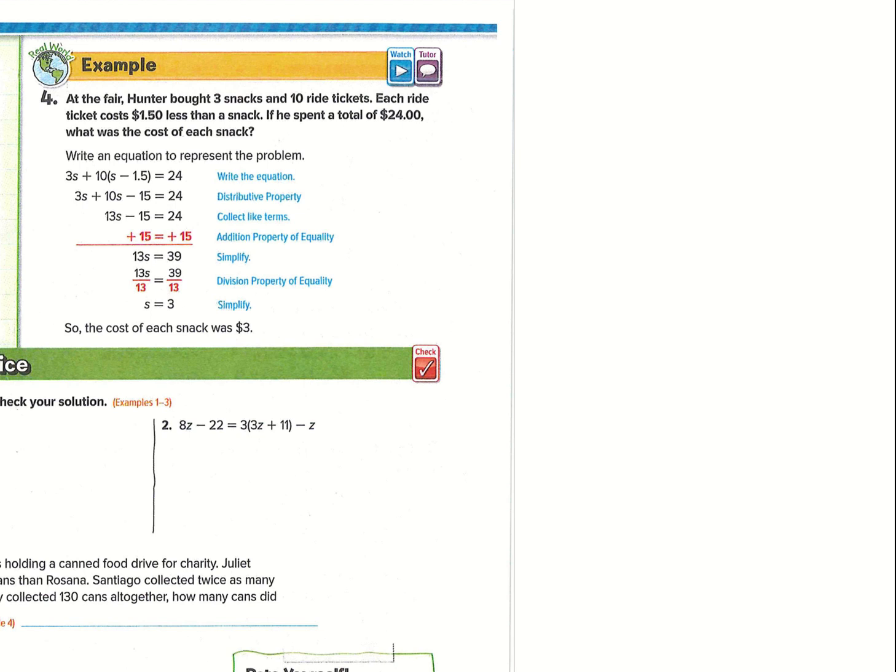So our first step would be to write out the equation to represent the problem. So he bought 3 snacks. All right, there's our 3 snacks. And then he bought 10 ride tickets. Okay, so the ride tickets, we've got 10 of them there.